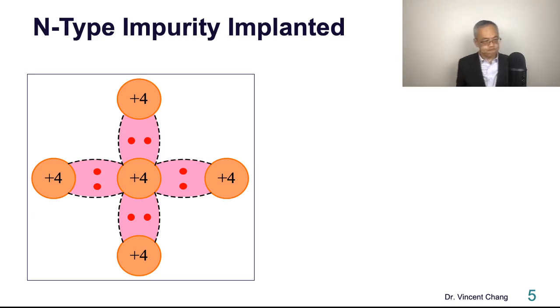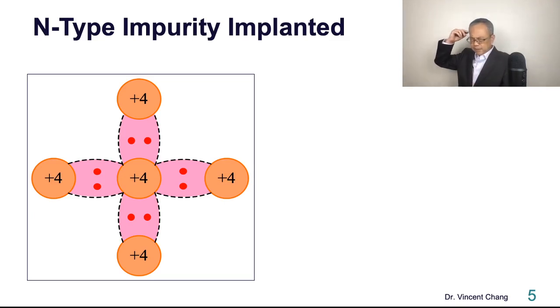But a more advanced technology is called ion implantation. That's why in the title I said the N-type impurity implanted. So we implant the dopant, the impurity atom, into an intrinsic semiconductor material.